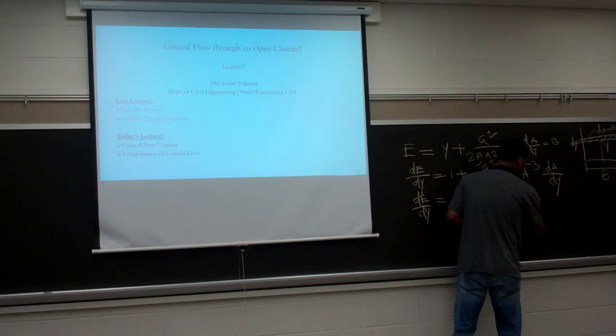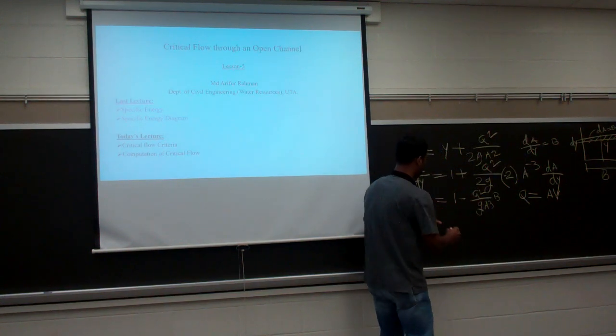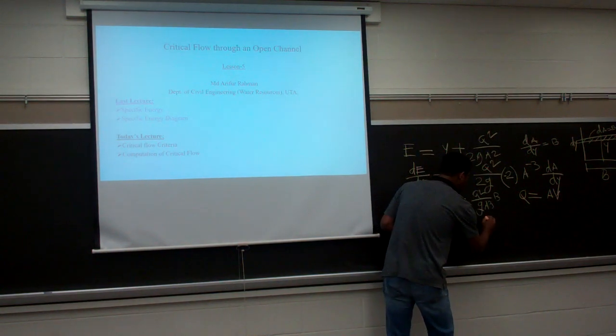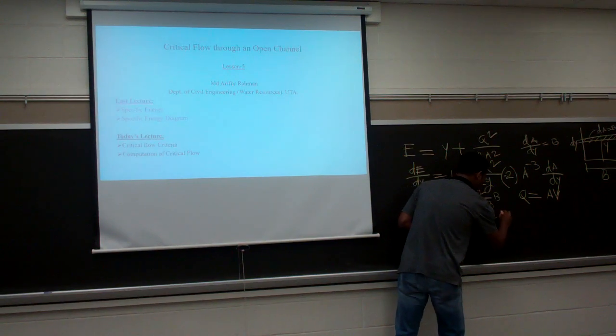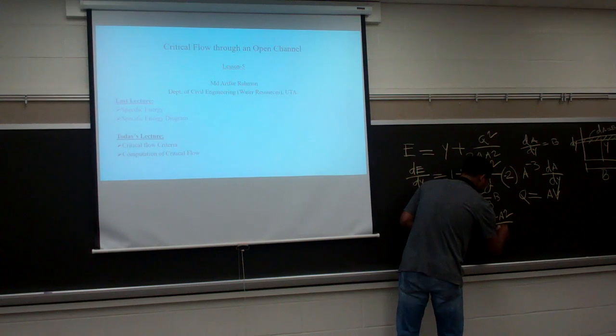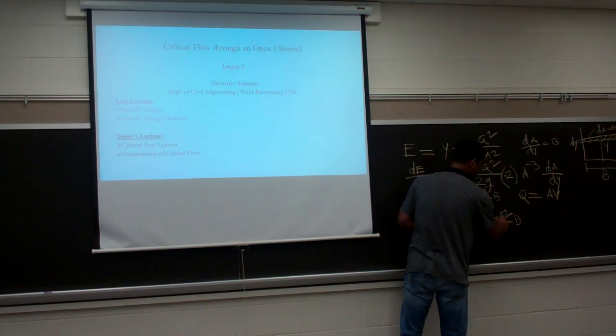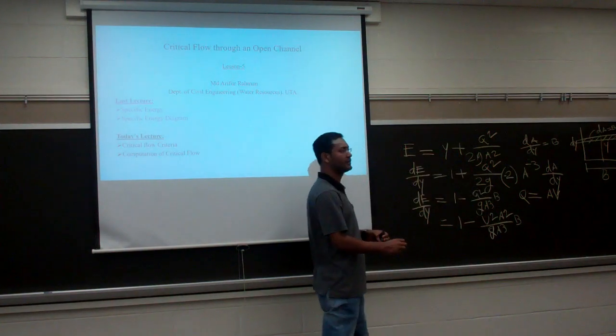And we also know the continuity equation Q is equal to AV. And if I replace this Q here, what will I get? 1 minus, it will be V squared A squared divided by g A cubed and B. So this is A squared, this is A cubed.